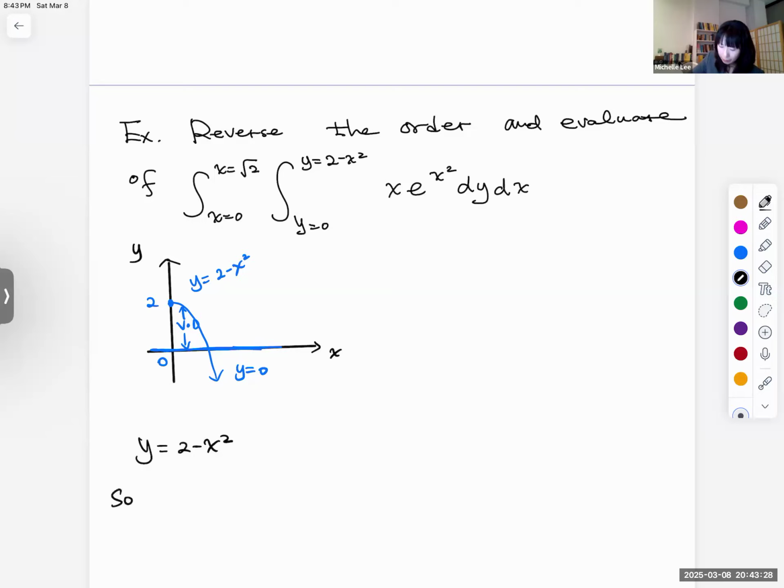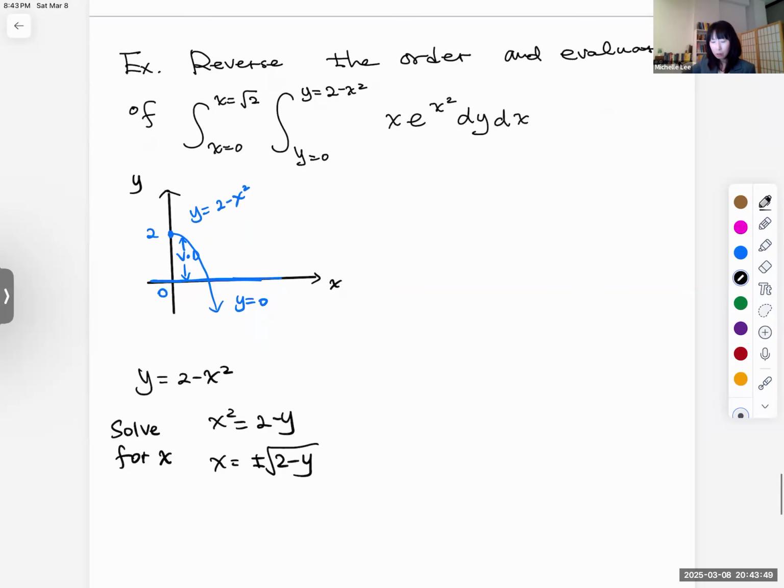Okay, so solve for x. We move the x squared to the other side, and y to the other side, so 2 minus y, right? Then x equal to plus or minus the square root of 2 minus y, right?